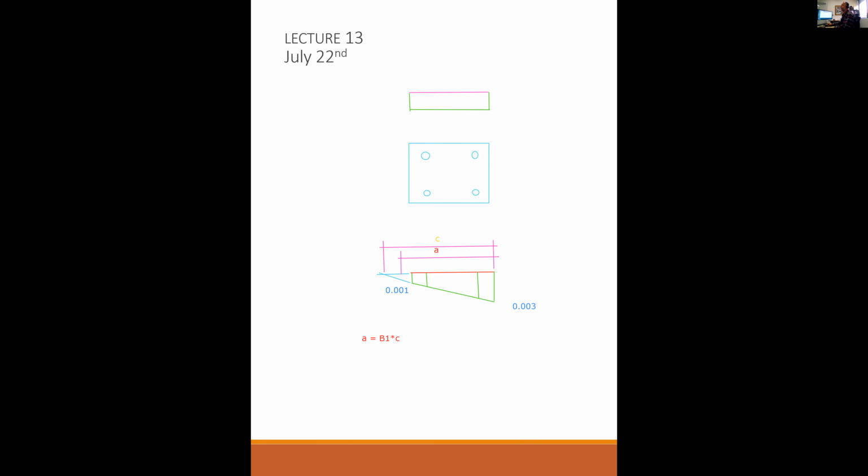So with the pure compression case, the strain over here is 0.003. The strain on this side is also 0.003. It's 0.003 all the way across, okay? So in this condition, what is the value of c? What does c equal?